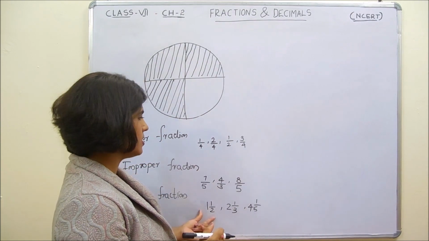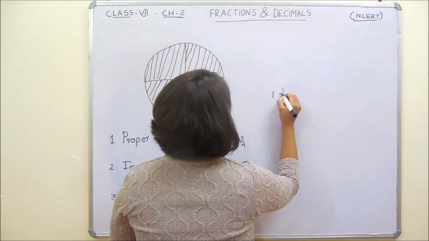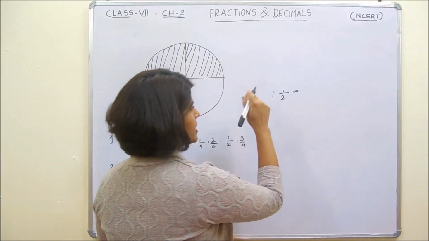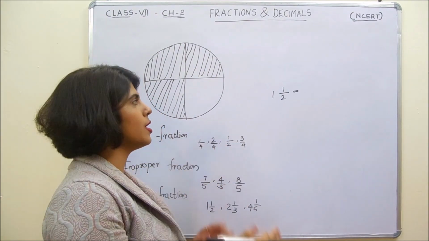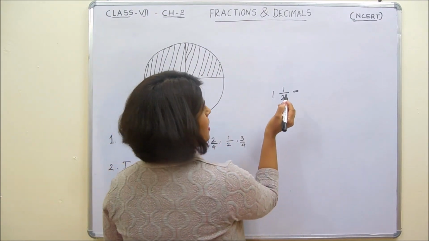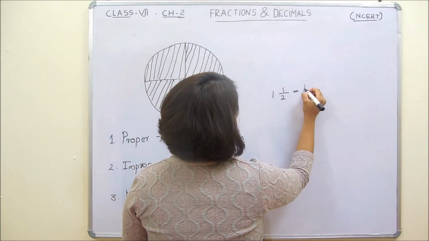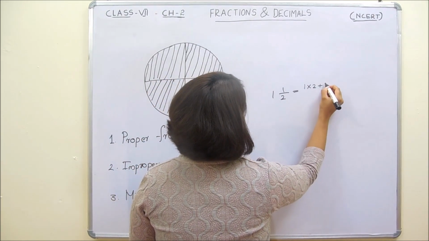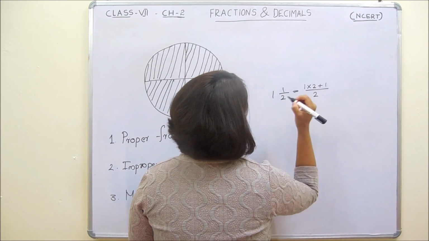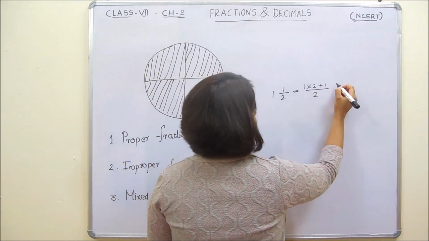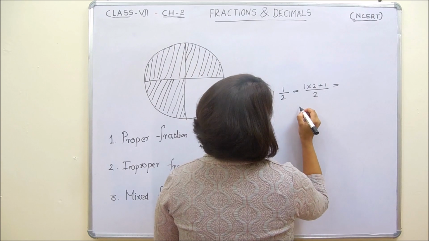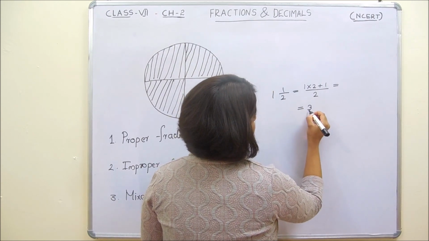So let us consider this first one, 1 1/2. This mixed fraction we can convert into an improper fraction as 1 into 2 plus 1, divided by 2, that is 3 by 2.